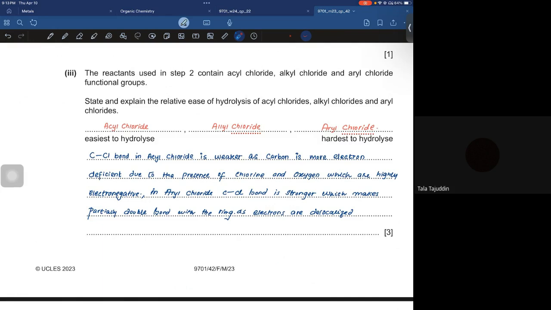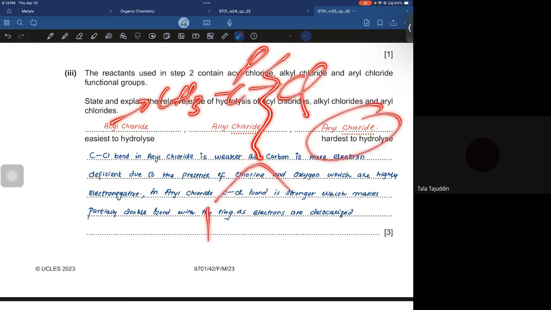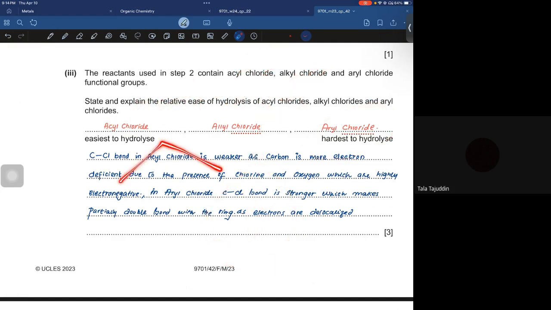So the easiest to hydrolyze is acyl chloride. Let me tell you, acyl chloride is this. This bond is weaker as compared to aryl chloride. Aryl chloride is this.